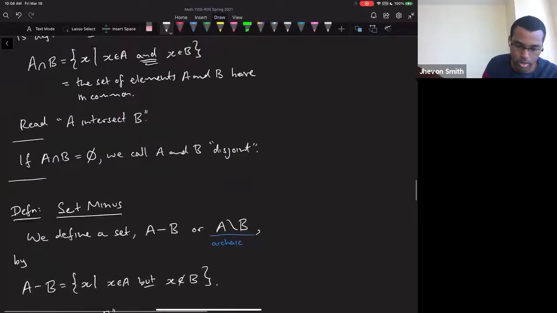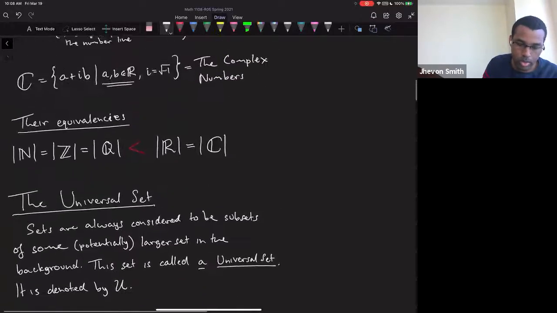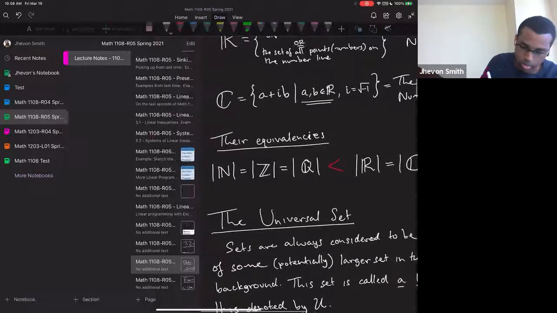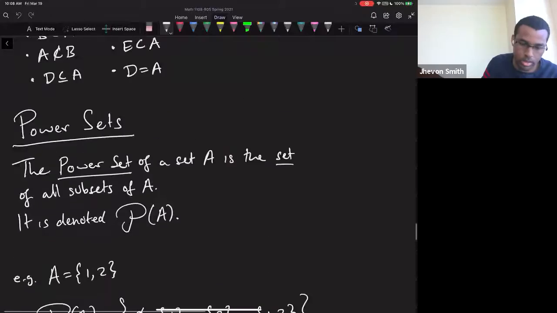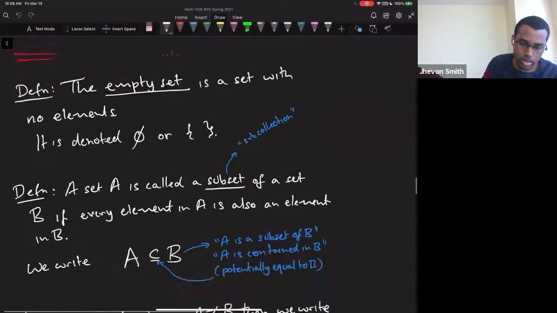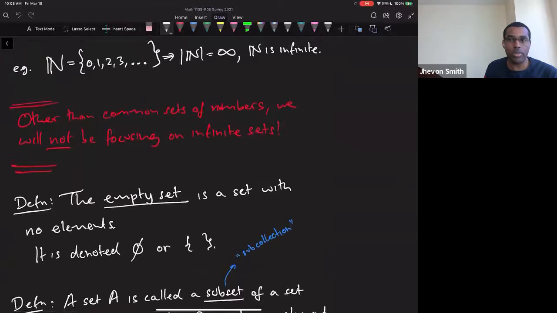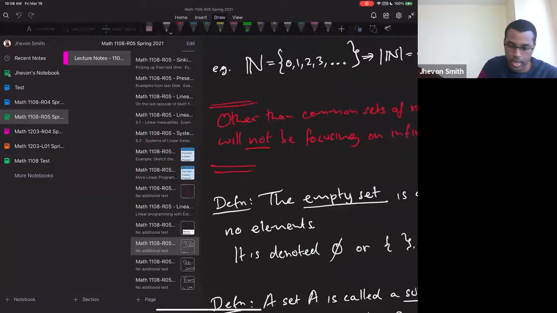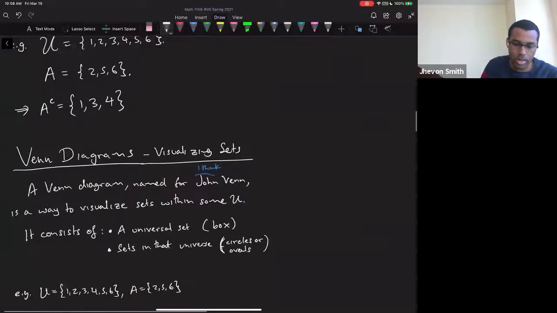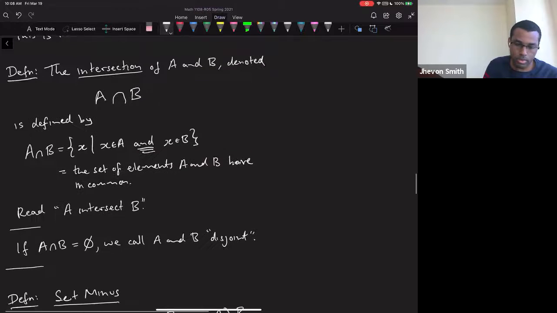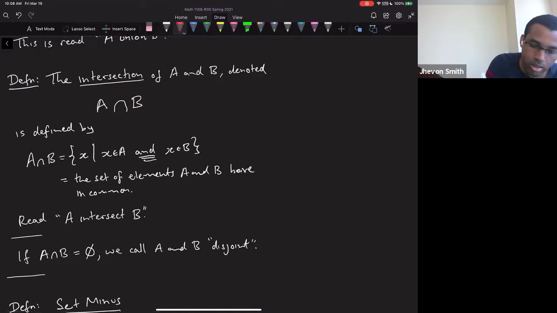So remember, we spoke about, maybe that was in the previous lecture, the empty set. That's a set with no elements. So if you want to say no elements, you say the empty set. Then you have to remember that when I defined intersection, the intersection itself is a set.